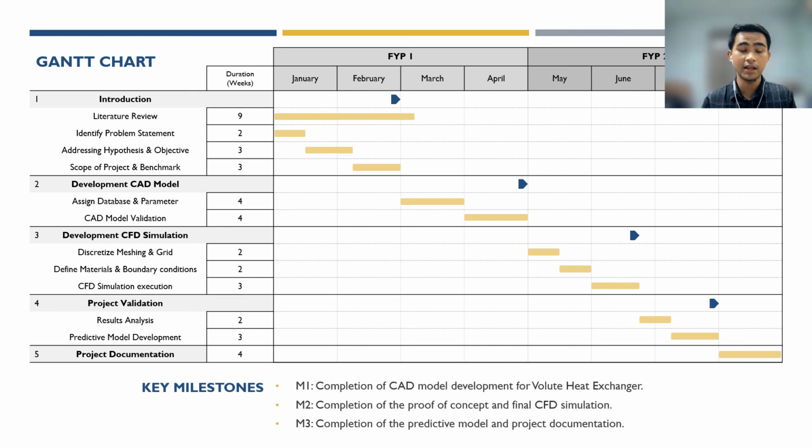And lastly, I will complete the predictive model and do the project documentation. For your information, I am currently preparing to develop the CAD model for the volume heat exchanger, and I may proceed to the simulation after I get the valid design dimension.